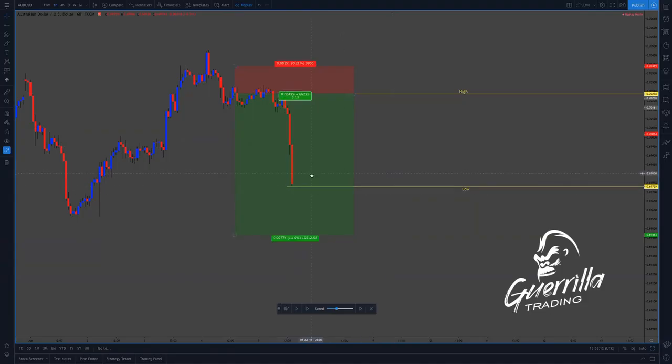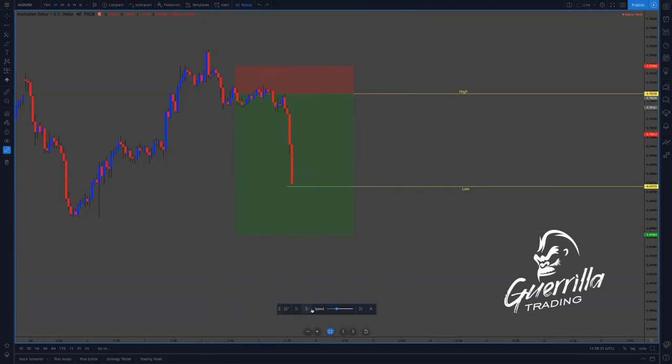So for example, I will not be moving this from break even until we have a position like this. And then what I'll do is I will move this down once this low here has been broken. So the first position at the moment is still at break even, and I will not be moving that until I get a high and a low.